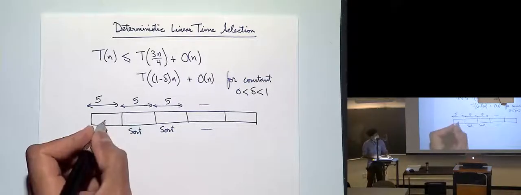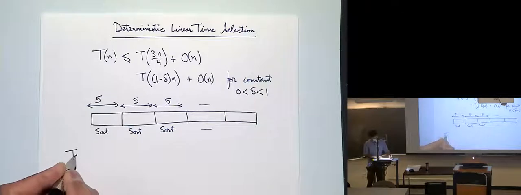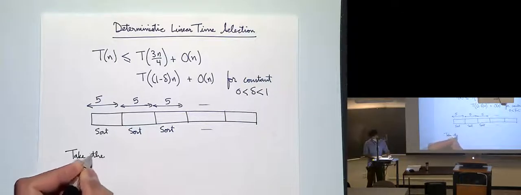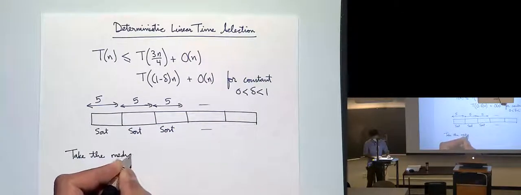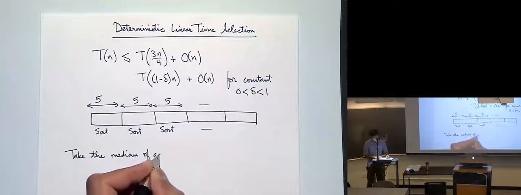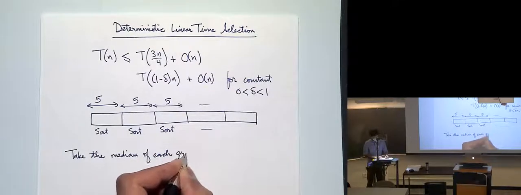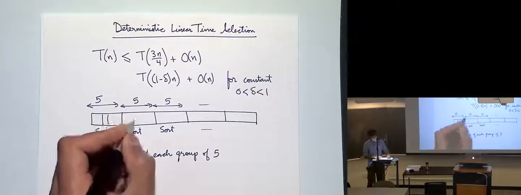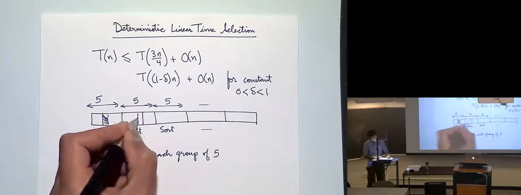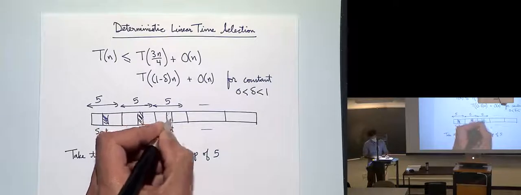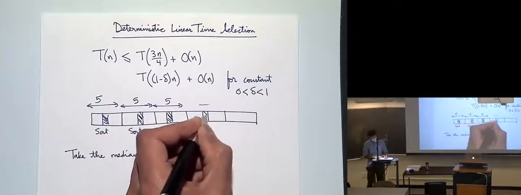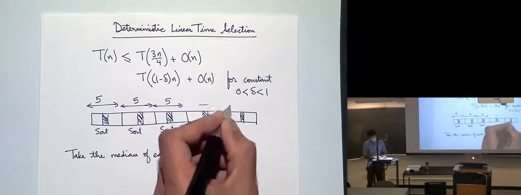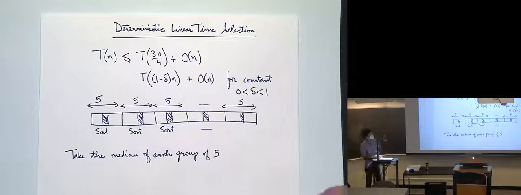So here's what you do. You take the median of each group of 5. You could sort each group, and then you look at the middle element of each of these, which you can find in linear time.